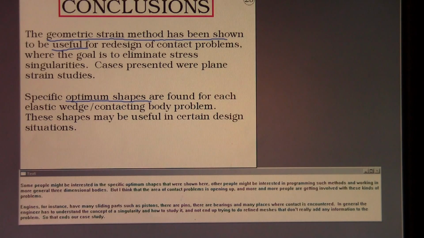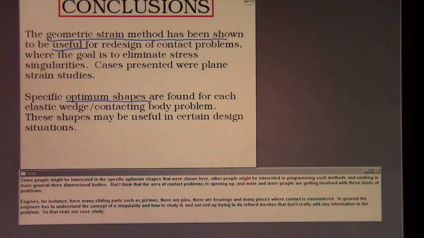Engines, for instance, have many sliding parts, such as pistons. There are pins, there are bearings, and many places where contact is encountered. And in general, then, the engineer has to understand the concept of a singularity and how to study it and not end up trying to do refined meshes that don't really add any information to the problem. So that ends our case study.